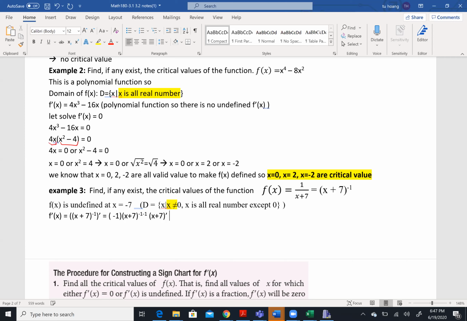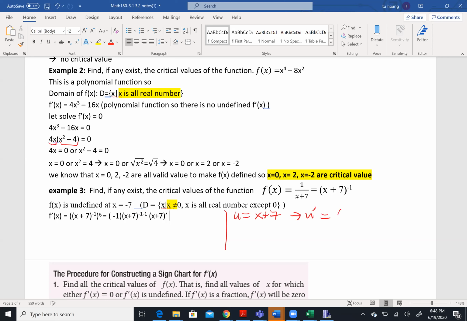And if you still like to do it by the side work, let u be the inside function, x plus 7, right? Then you have u prime equal to 1. And the outside function is going to be f of u, which is u to the power -1.